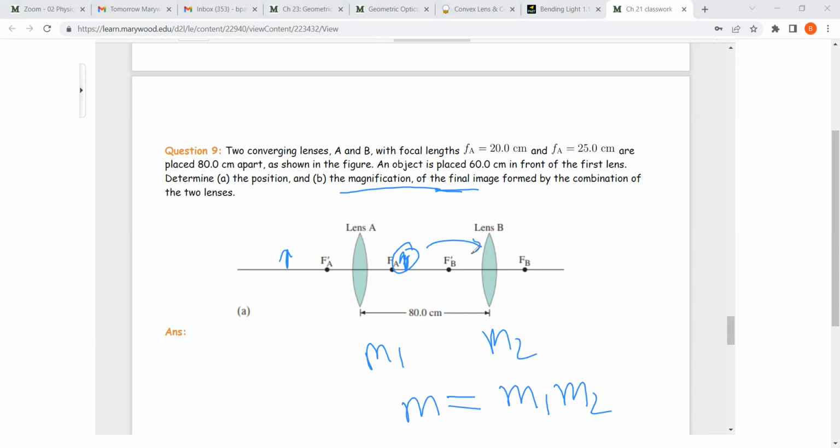So by assuming this is the object of this lens, we find the image formed by this lens. Then we calculate the magnification for this lens separately, and combine them by multiplying. Basically, that's it. We will be doing the problem in the next class.